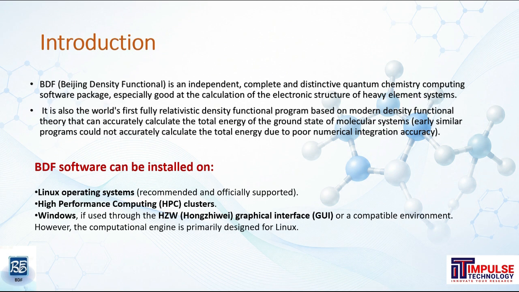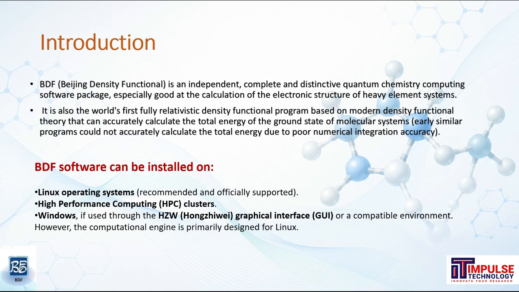It is an independent and complete quantum chemistry computing software package that is very good for the electronic structure calculations of element systems. It is the world's first fully relativistic density functional program, and it calculates the total energy of the ground states of molecular systems.